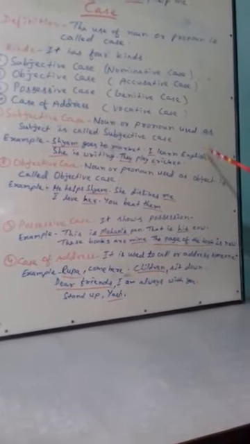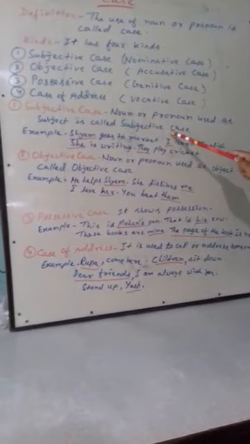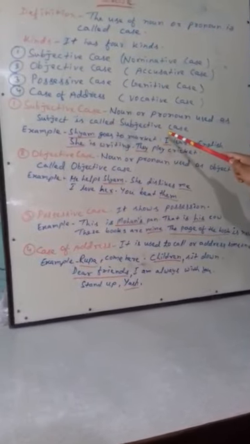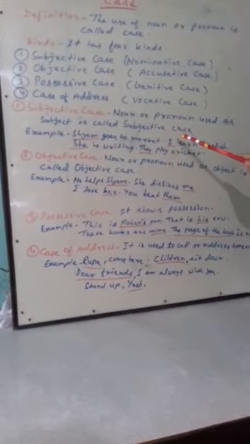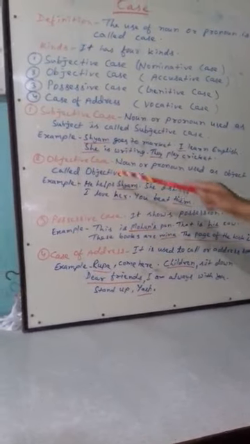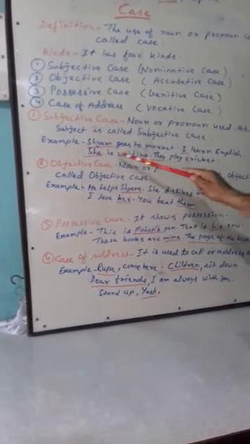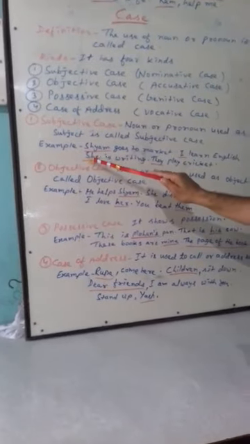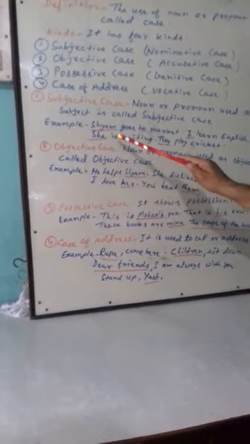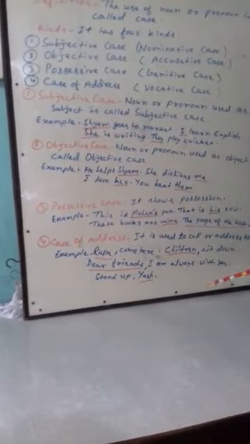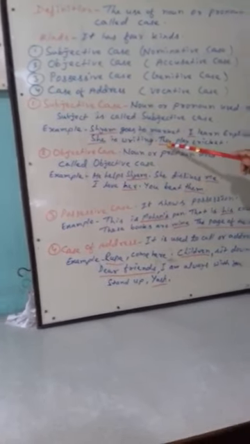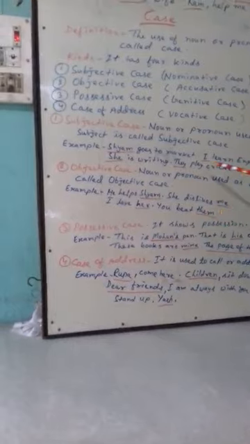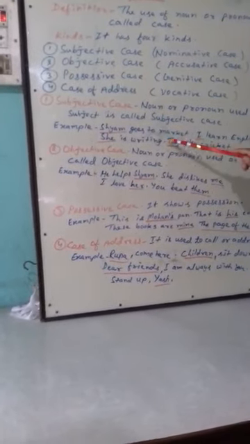I learn English. In this sentence, I is the subject of the sentence. So I is in subjective case. She is writing. Here, she is the subject of this sentence. So it is in subjective case. And in this sentence, they play cricket. They is the subject here.